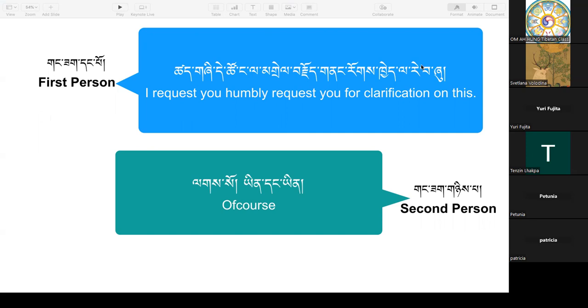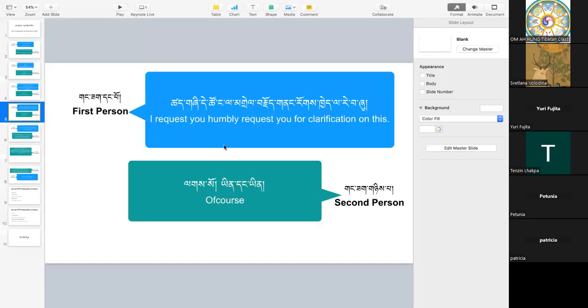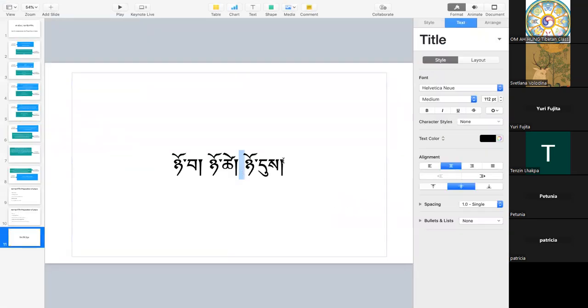So if it's an action, then it's request. If it's a noun, then it's to hope. So rewa. This is to say like I request, and let's just say like this.